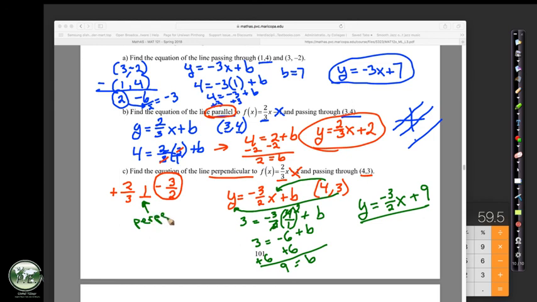Okay, thank you. And it shows you if you need to use a symbol and you want to make one up, you can, as long as you let everyone else know. Just remember, slopes will be the reciprocal of each other, and one will be positive, one will be negative for perpendicular.